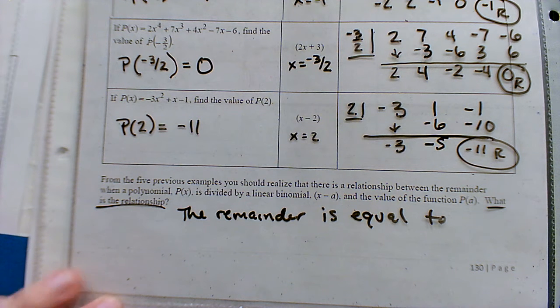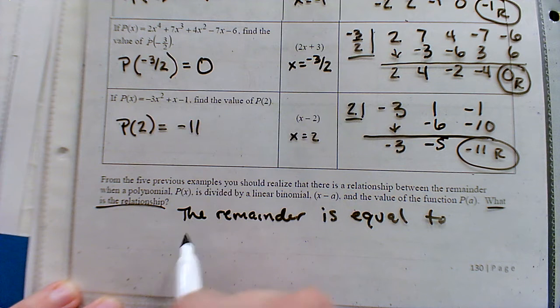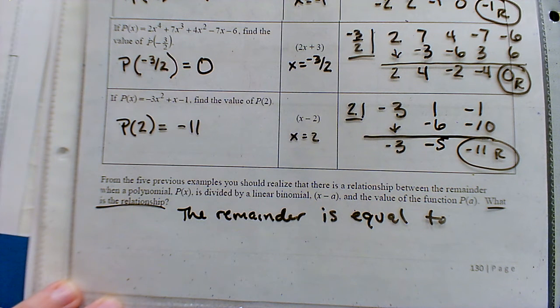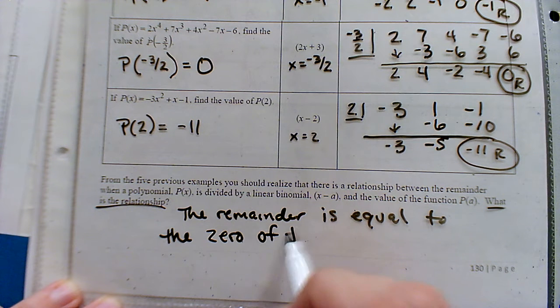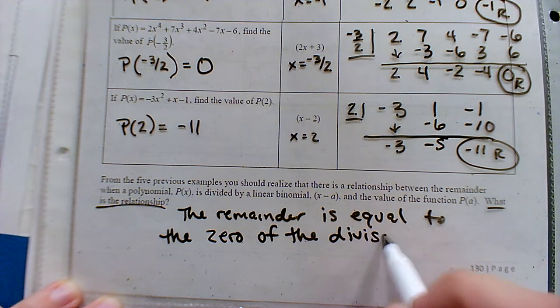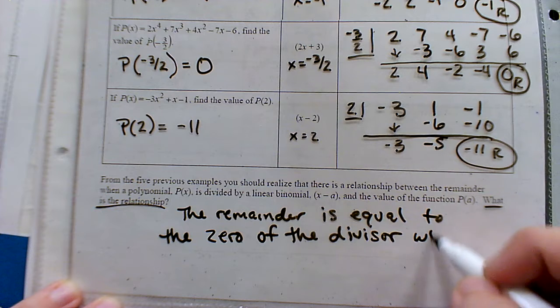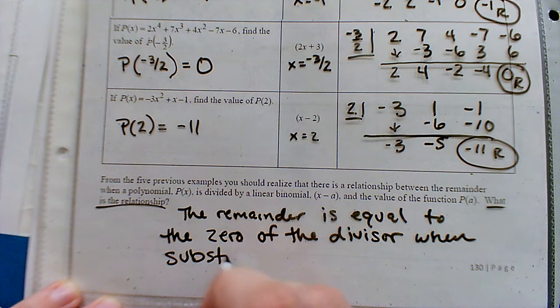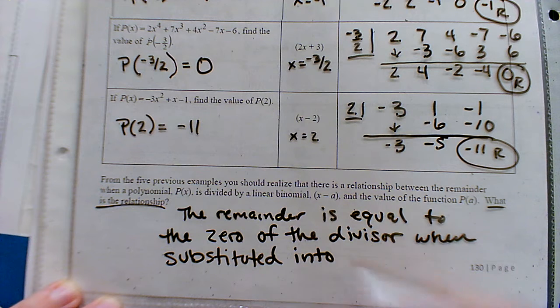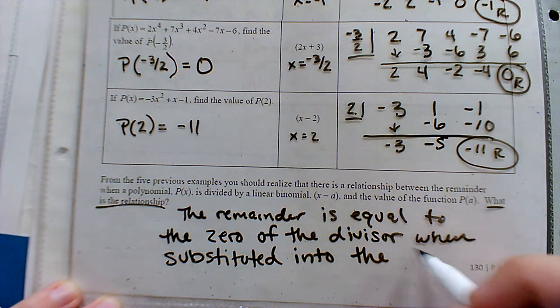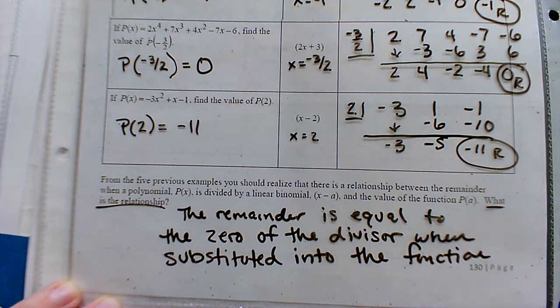The remainder is equal to p of the zero of the divisor, when substituted into the function, polynomial, dividend, whatever you want to say. Does that make sense?